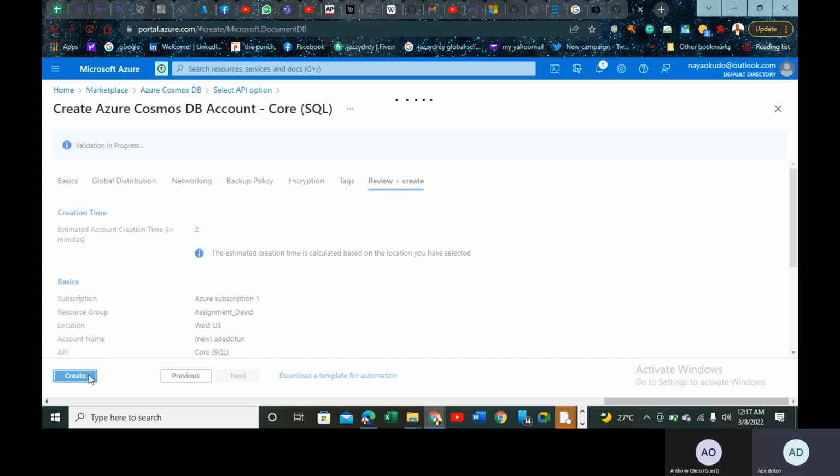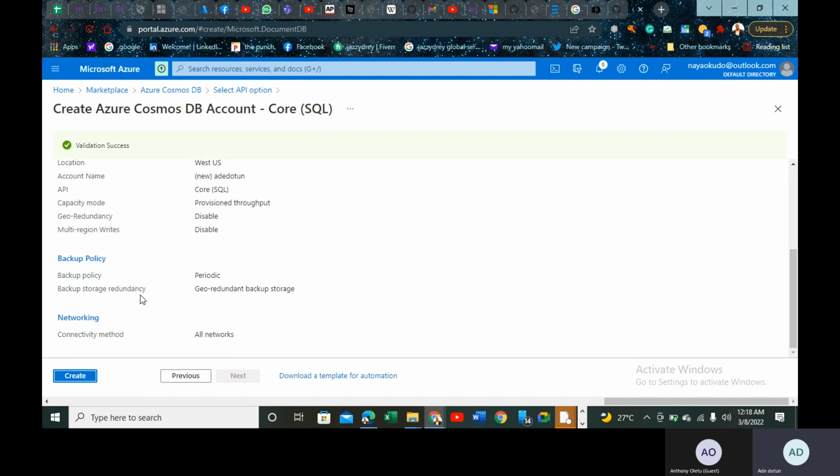Okay, so we are trying to validate if you can create a CosmosDB. Validation successful. We are now creating it.